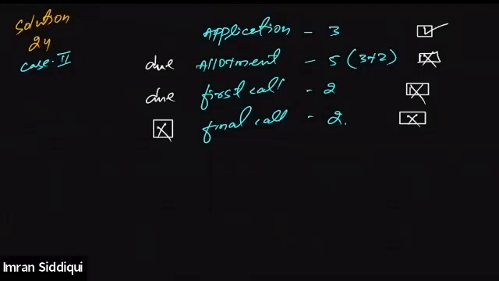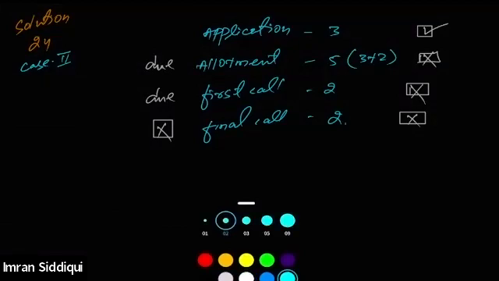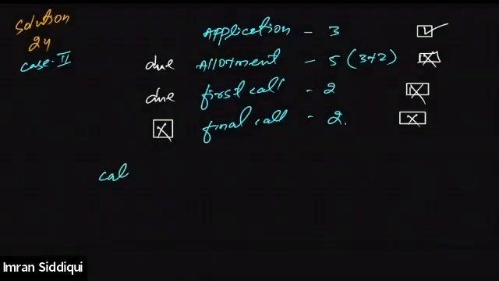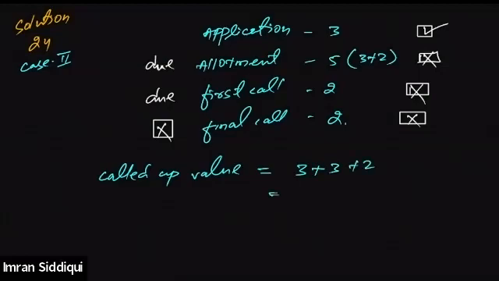So that means the total called up value in this case will be how much? 8 rupees called up value. Let me write that. Premium will be excluded. Called up value in this case is 3 plus 3 plus 2: 3 on application, 3 on allotment, and 2 rupees for the first call the company asked for.